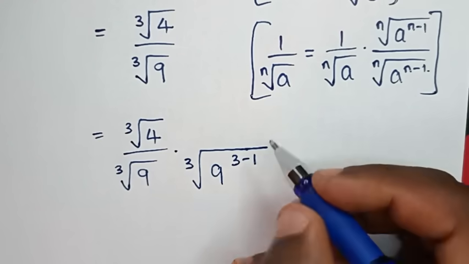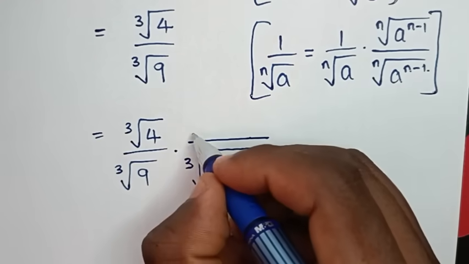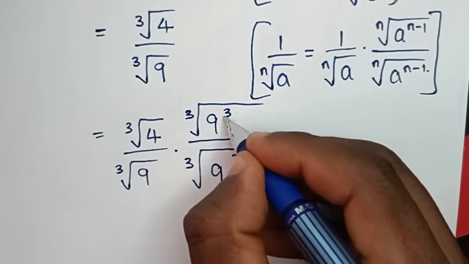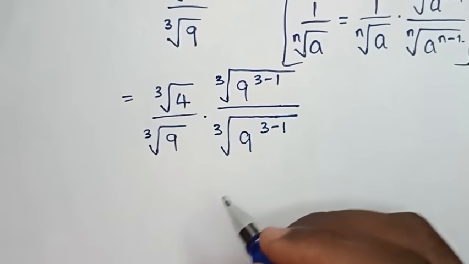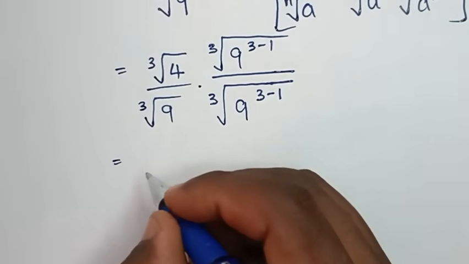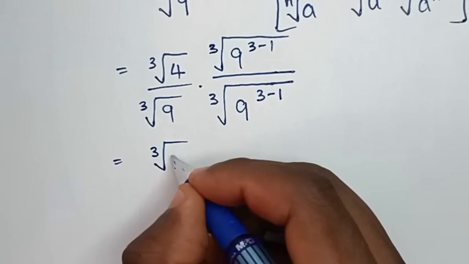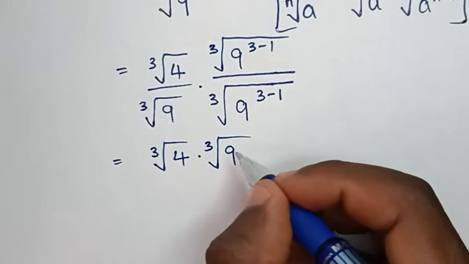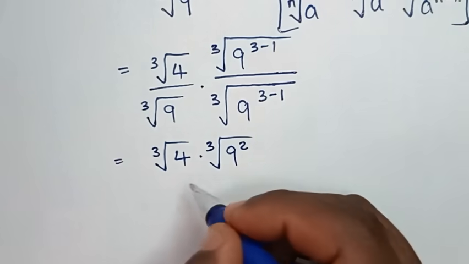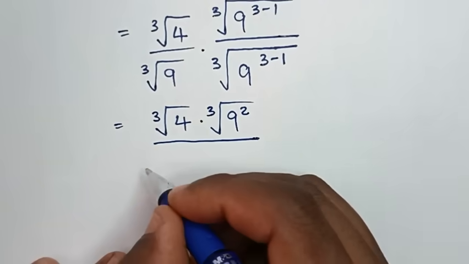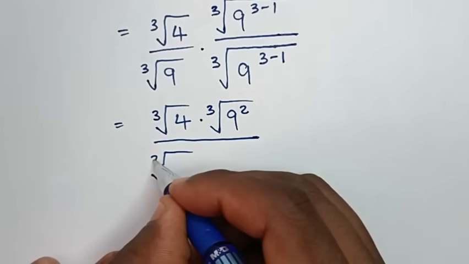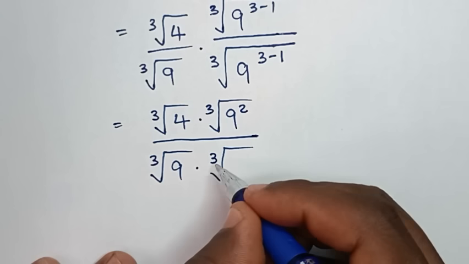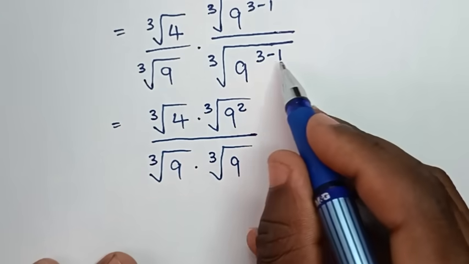So it will be equal to the third root of 4 times the third root of 9 power of 3 minus 1, which is 2, over the third root of 9 times the third root of 9 power of 3 minus 1, which is 2.